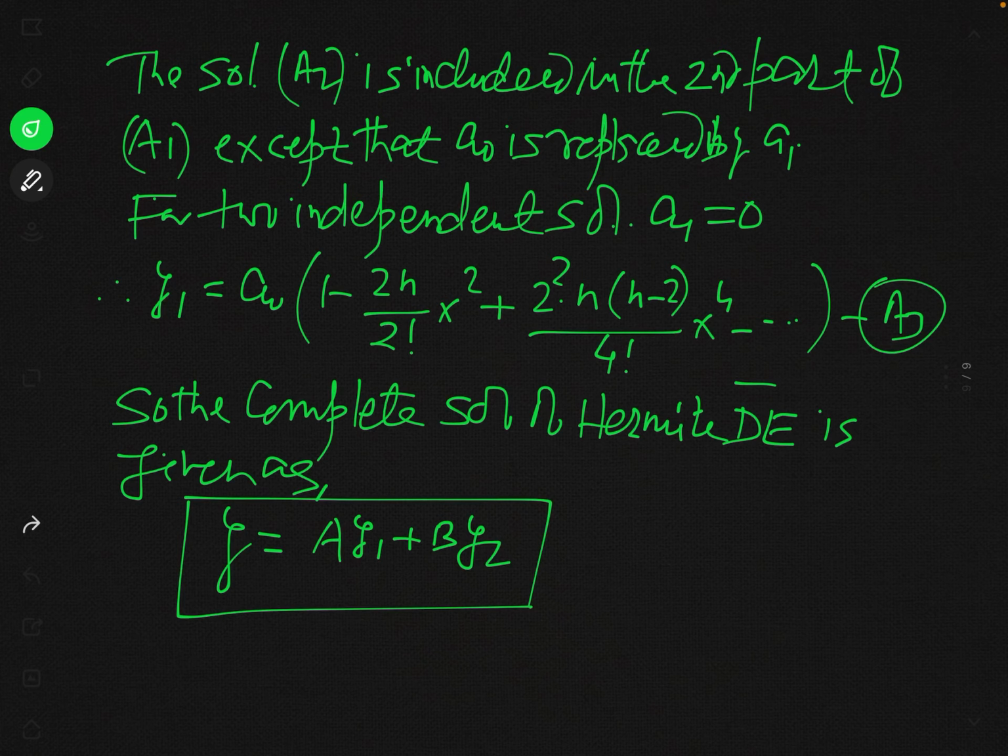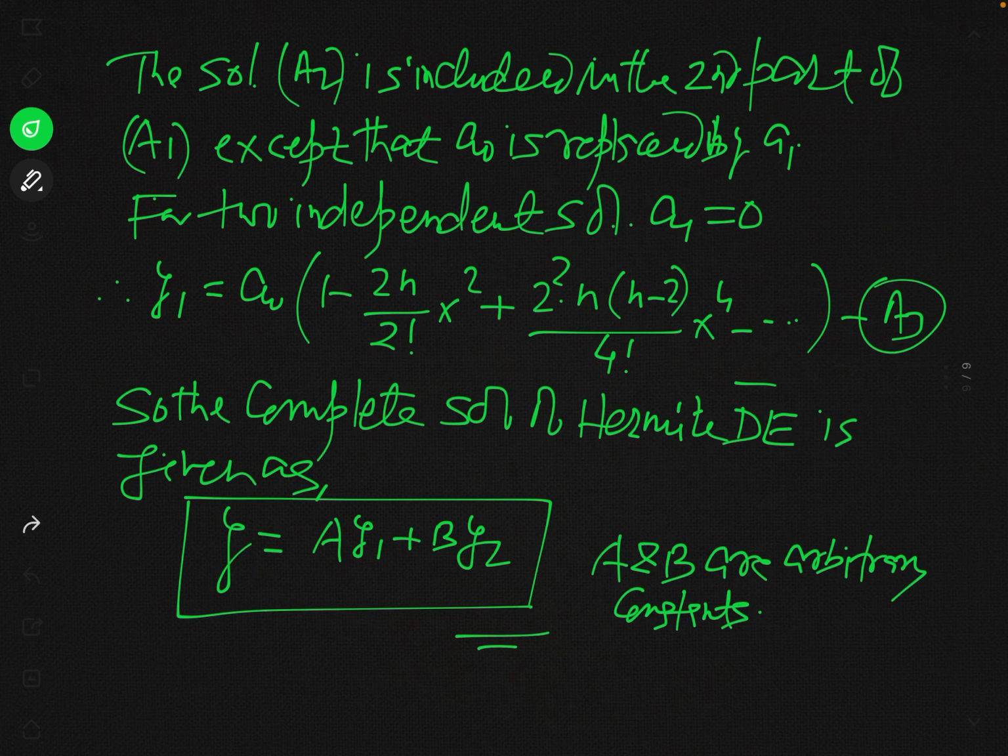Here a and b are arbitrary constants. So this is the series solution of Hermite differential equation, and after this, in the second lecture, we will see that this solution is known as Hermite polynomials, and so in the second lecture we will define Hermite polynomials and also evaluate some of the Hermite polynomials.